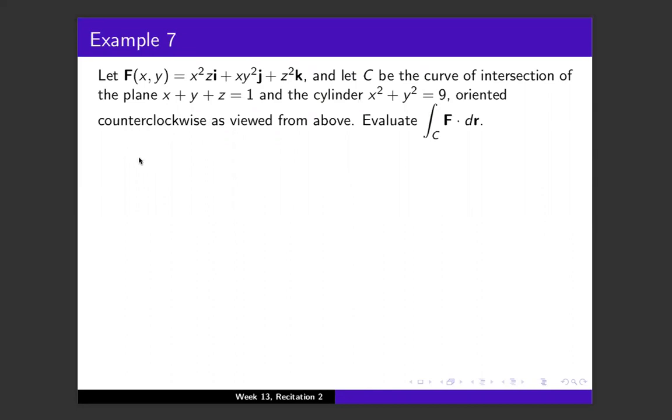Now, if we were to try to, now can we add an integral? Well, if we try to get a sense of what this scenario looks like, what do we have? What we get is something that looks like this.